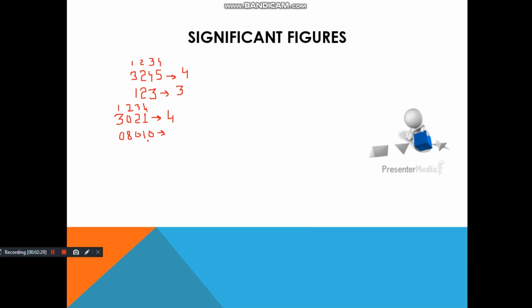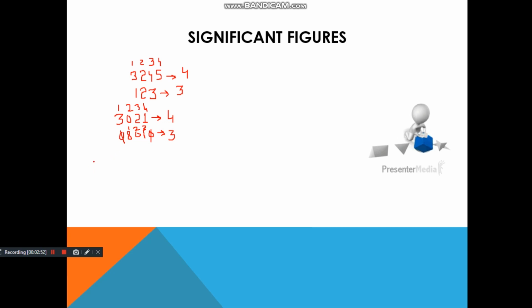They are not significant. But the 0 between the non-zero digits you are going to count. So this first 0, the beginning or leading 0, you will not count. You will start from here, 1, 2, 3. And again you will not count the trailing 0. So your answer will be 3. This is very important.